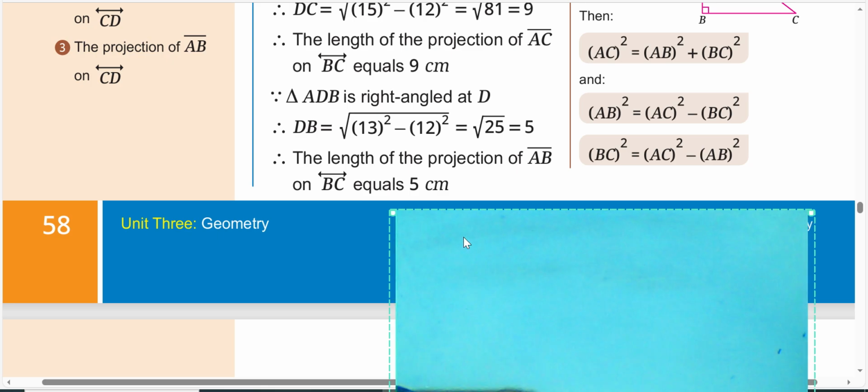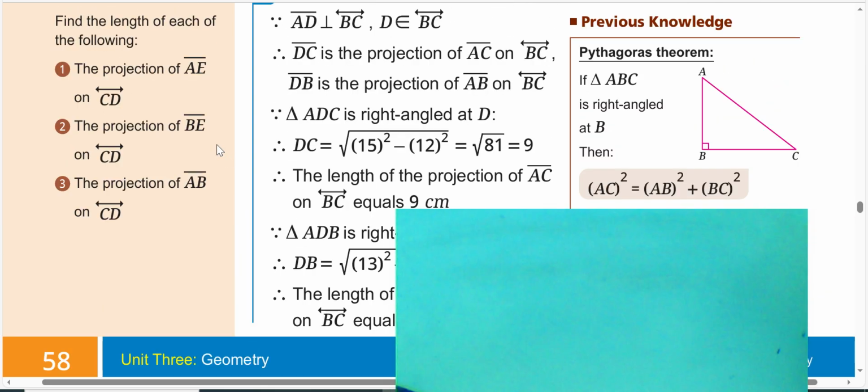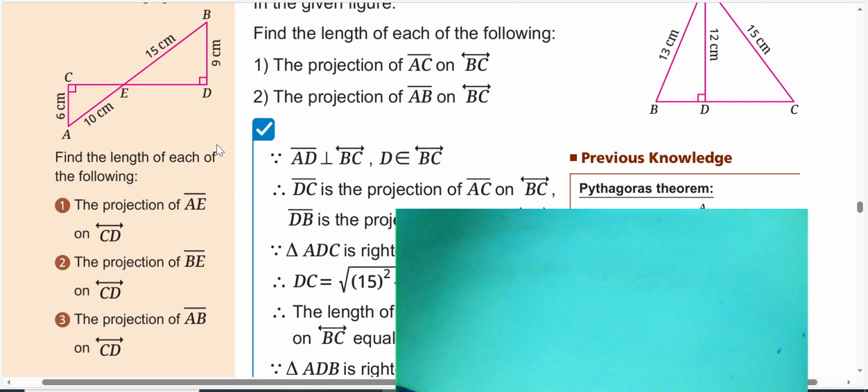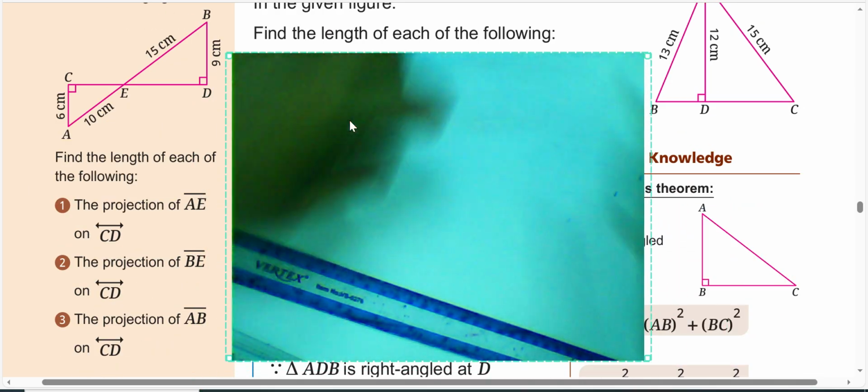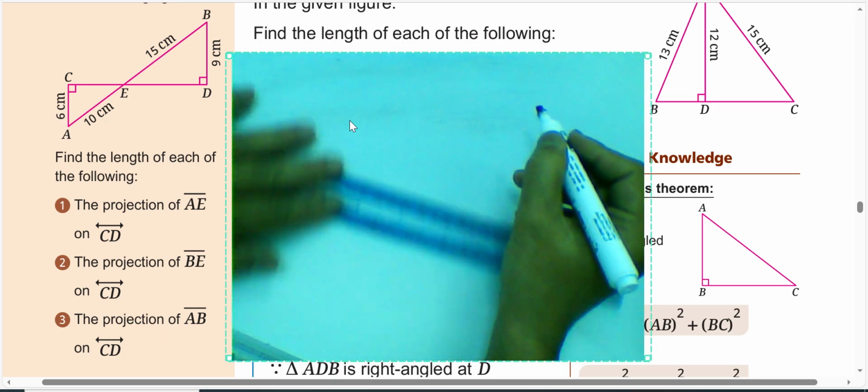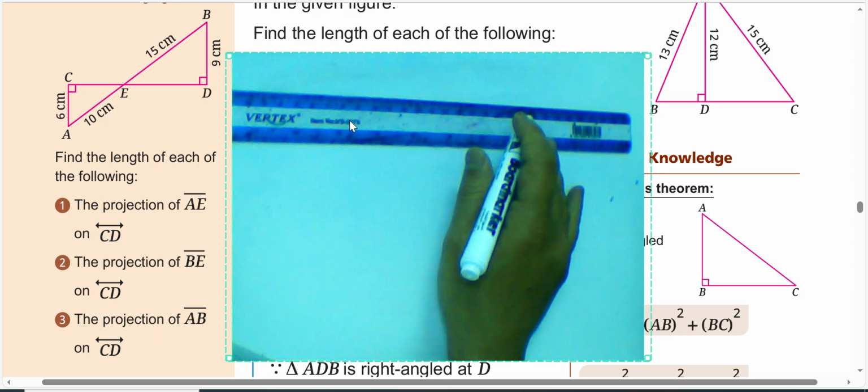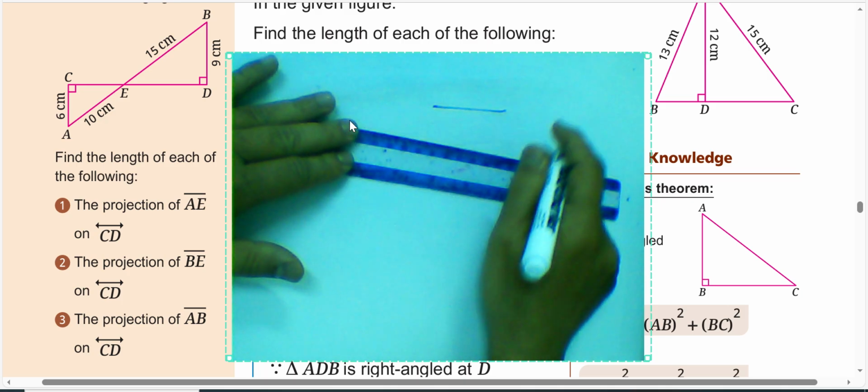Now I will explain the next question, on the left hand side. Try to solve number 1. Look at here. You want to find from this figure. Listen, we have a right angle triangle, two right angle triangles, up and down.